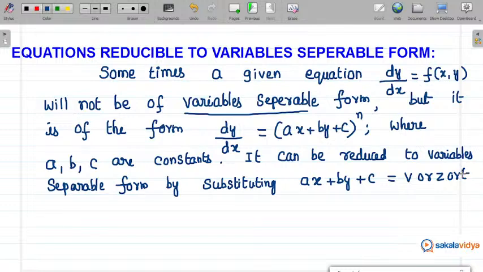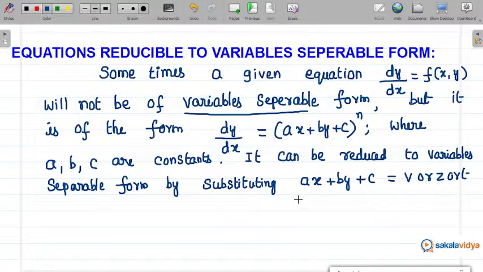Some textbooks may use v, some textbooks may use z, some textbooks may use t also. So, let us solve some problems for better understanding of this concept, equations reducible to the variable separable form.